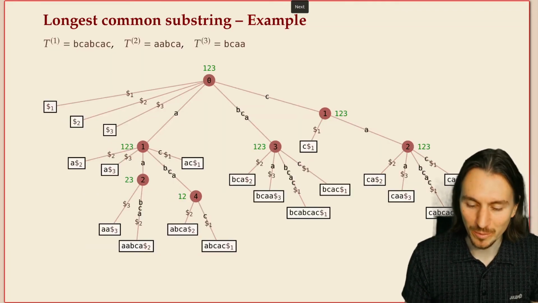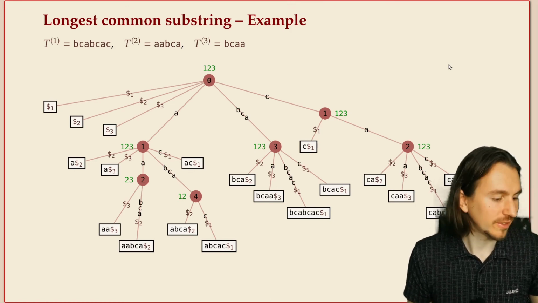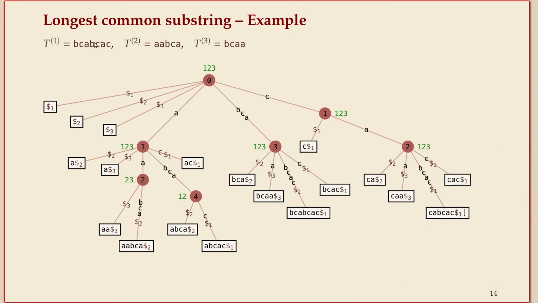So here's an example that might make this algorithm a little clearer. It's from the same 3 strings that I asked you about, and you can see there are different leaves. I labeled them here with the actual string instead of just the pair j, i.